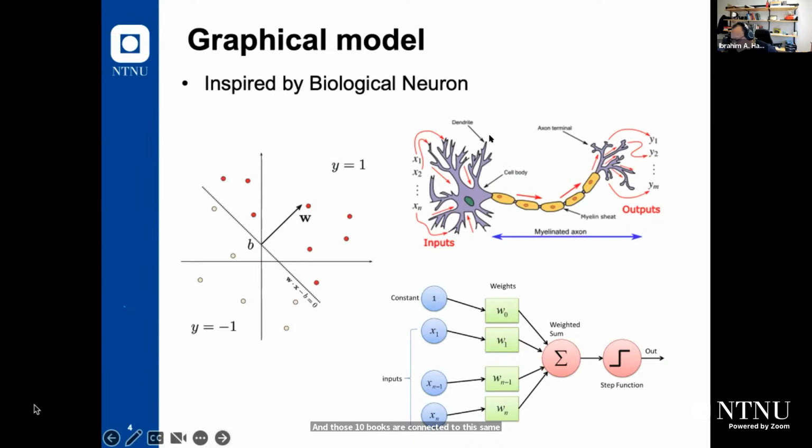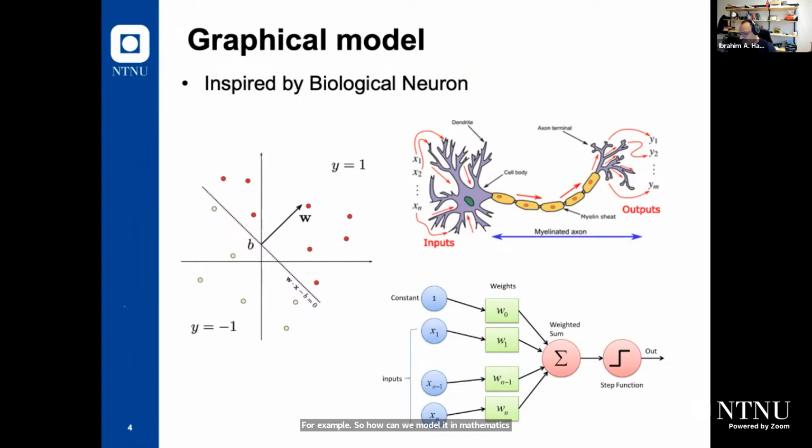Those dendrites have some chemicals, and they are something similar to weights, because they transmit the signal. It's like a wire, for example. It connects the signal to the cell body, and some of those connections have high resistance and some have less resistance. So how can we model it in mathematics?